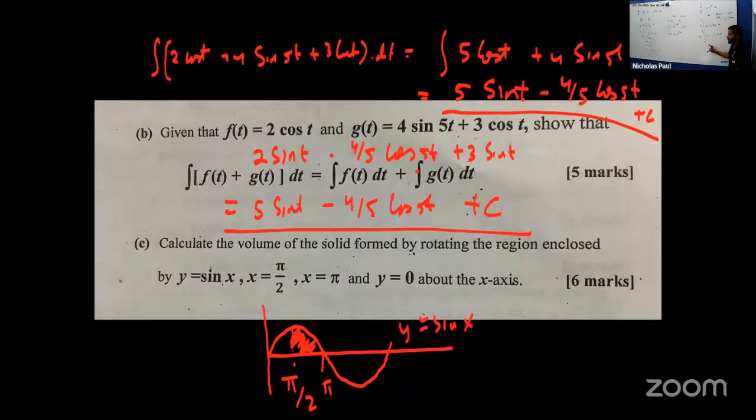And then you're plugging in pi on 2, right, Adrian? So it's 0. Sine pi is 0.